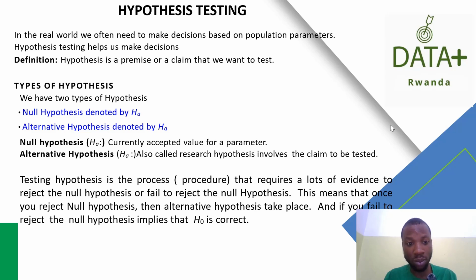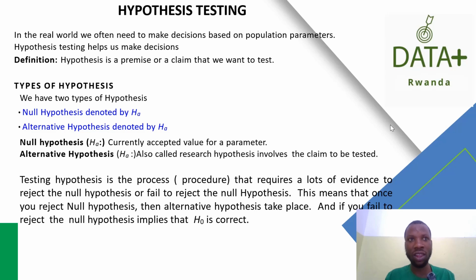And also testing a hypothesis is a process or procedure that requires a lot of evidence to reject the null hypothesis. What we have on the table before we go to the field is what people said before. And that's why we go to the field, to oppose or to prove whether what people said is good or not.